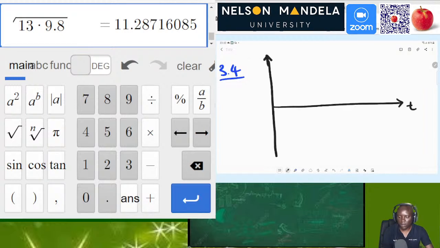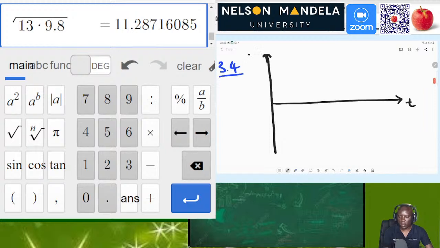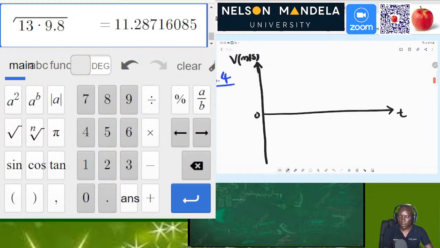Velocity in meters per second. And this will be zero velocity. Then velocity versus time for the motion of ball A from the moment it was dropped.